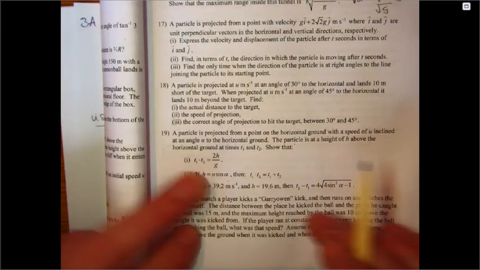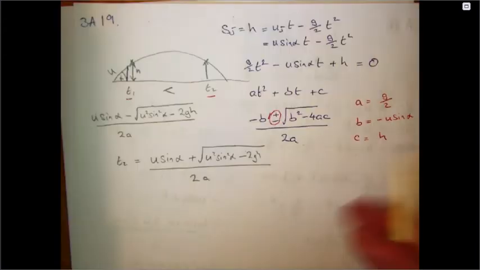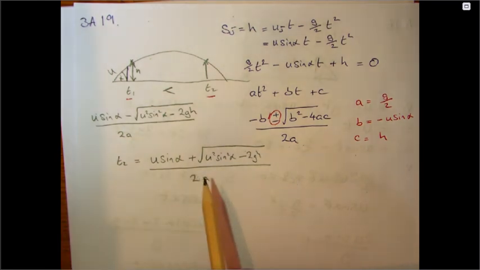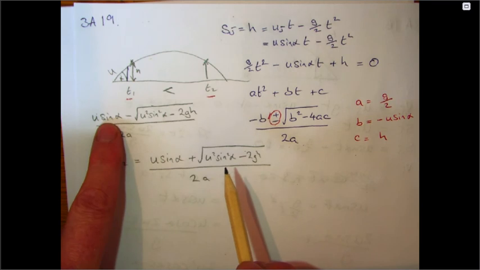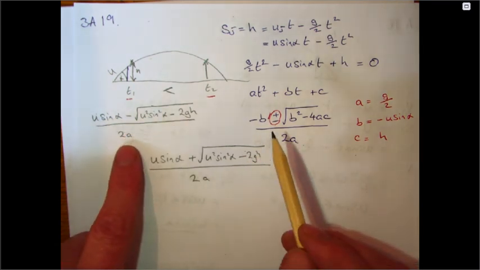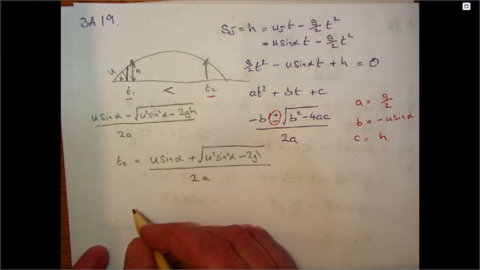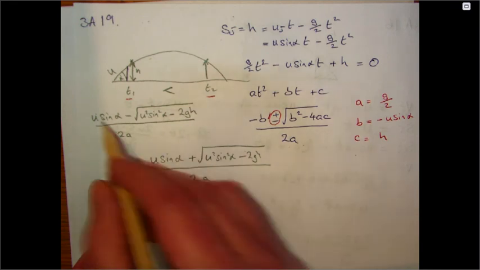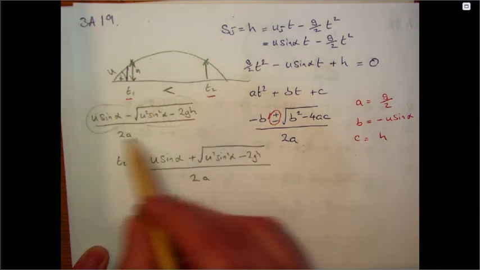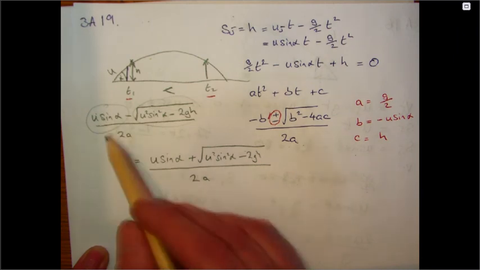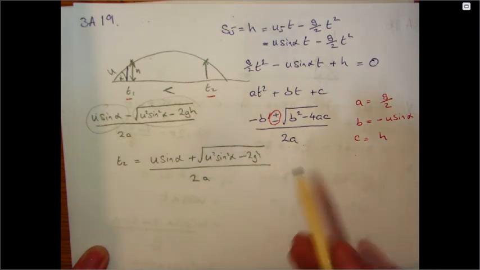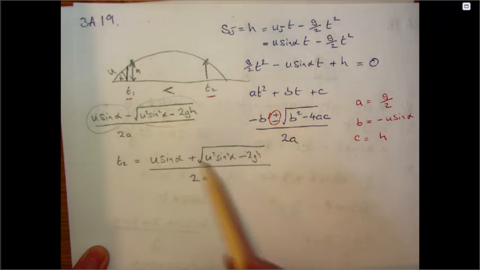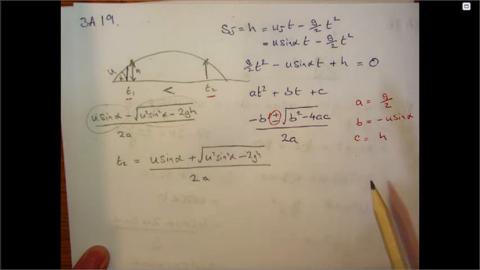T1 multiplied by T2 is equal to 2h over g. We're going to multiply this by this. You might notice this is the difference of two squares. So I'm going to get the square of this side and the square of this side, but the component in between will cancel, a minus u sine alpha root and a plus, so combined they become 0.